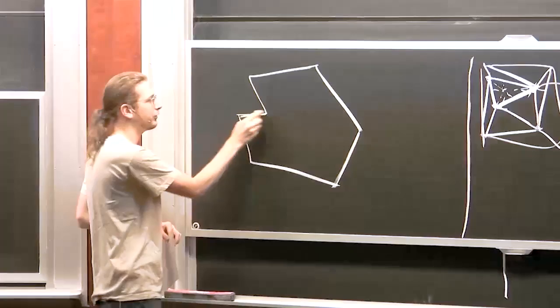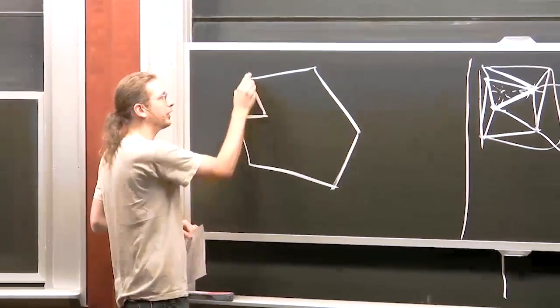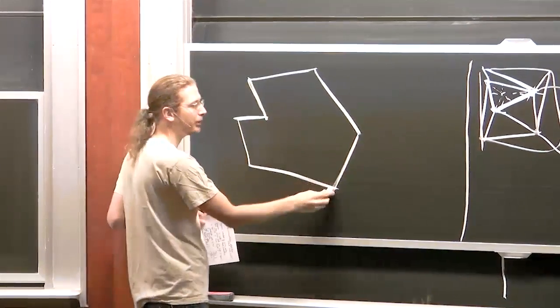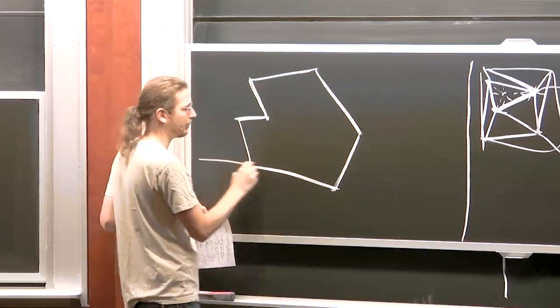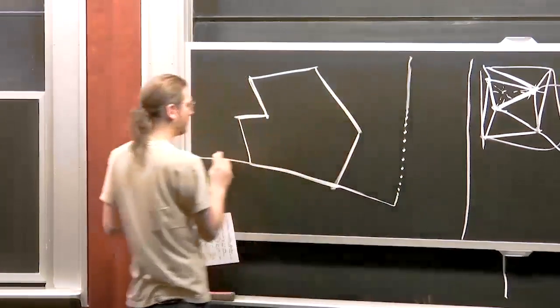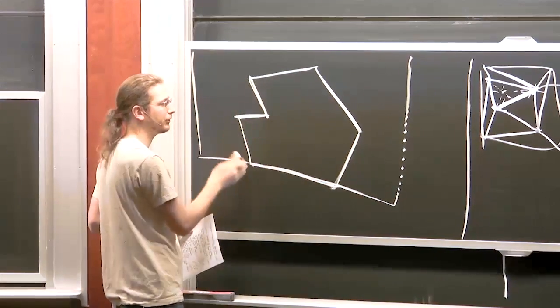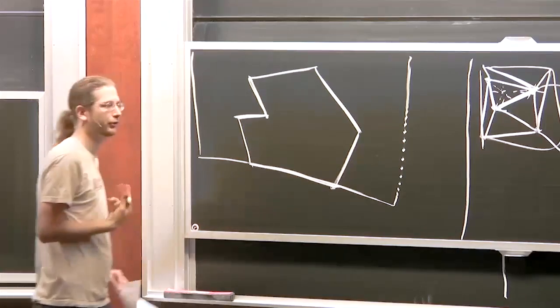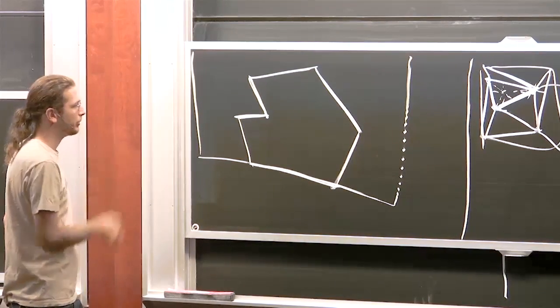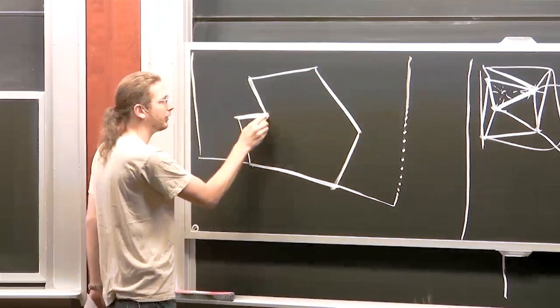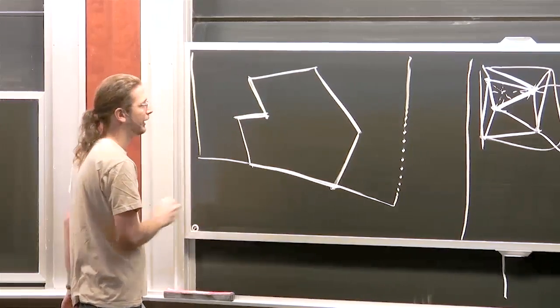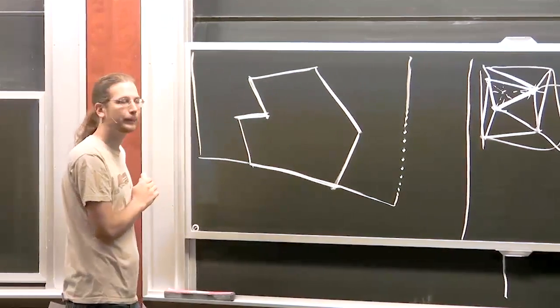Now some of these edges may come from active paths, and some of them may be from the boundary of the paper. So maybe the paper is here. So this edge is not active. It's just the boundary of this region because it's the boundary of the paper. Okay, so there are 2 types of edges. But there should be at least 1 active edge, and there's at least 4 edges total.